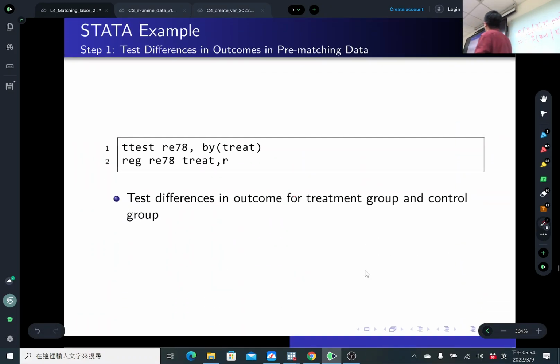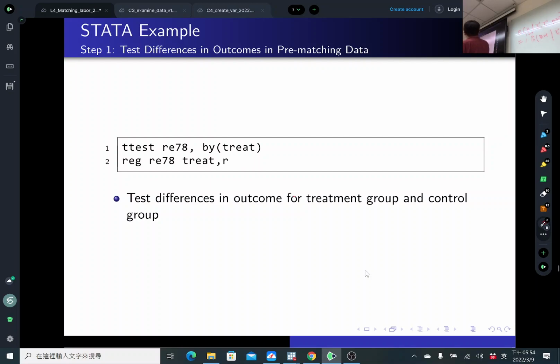The first step when you do propensity matching is to test the difference in the outcome in the pre-match data. You want to show your reader that you get a very different result before matching and after matching. That's why you need to use matching to correct the result.